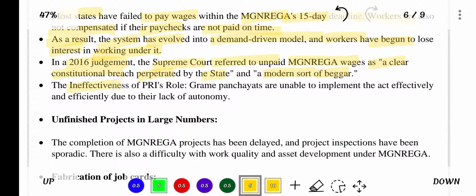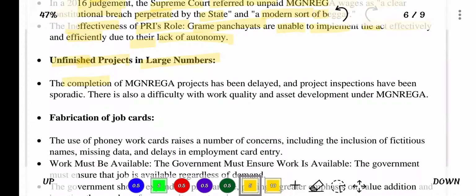The ineffectiveness of PRI's role. Gram Panchayats are unable to implement the Act effectively and efficiently due to their lack of autonomy. Unfinished projects in large numbers. The completion of MGNREGA projects has been delayed and project inspections have been sporadic.